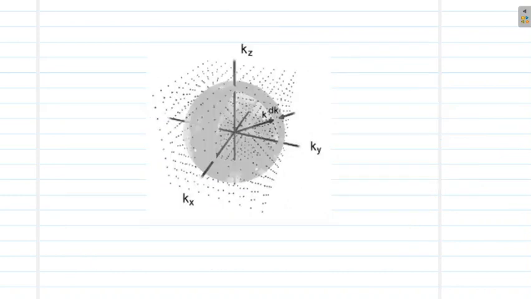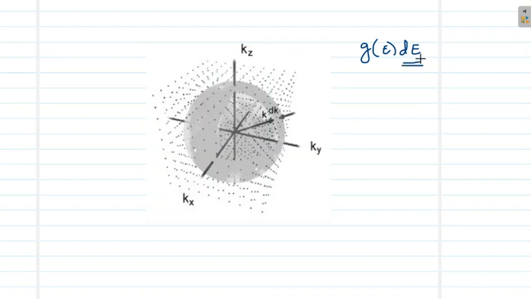So when we come into a more detailed understanding about density of states, first of all, let us use G of E dE as the notation for density of states. What does G of E dE mean? It means the number of states available in the energy interval dE which can be occupied by the electrons.